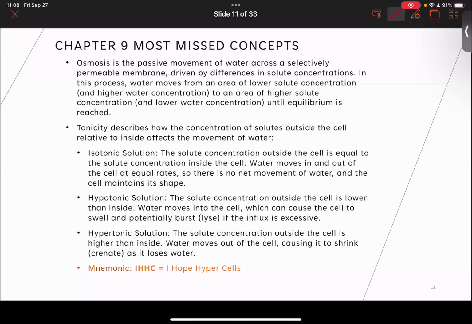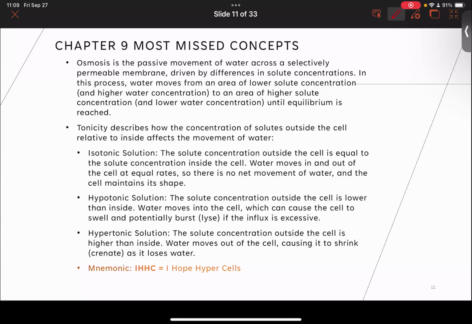If you're talking about the solute concentration, that would be the opposite, right? Because the water is going to move to accommodate those concentrations. So keep in mind that we're trying to reach equilibrium of both on each side of the membrane, but we can only move the water. So the water is going to move from high to low water. So it's still diffusion, osmosis.